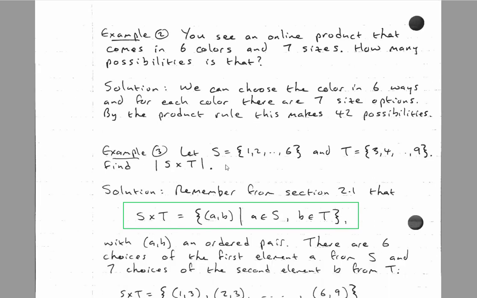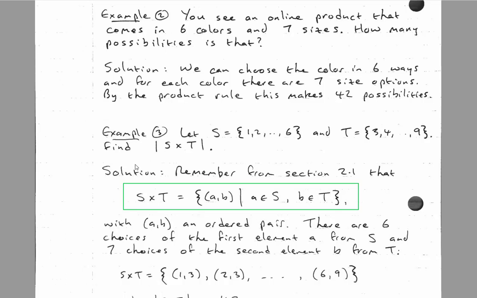Example 3. This looks different. S is the set of the integers 1 through 6. T is the set of integers 3 through 9. The question is to find the cardinality of the Cartesian product, S cross T. Remember when we started working on sets, we looked at this Cartesian product idea.